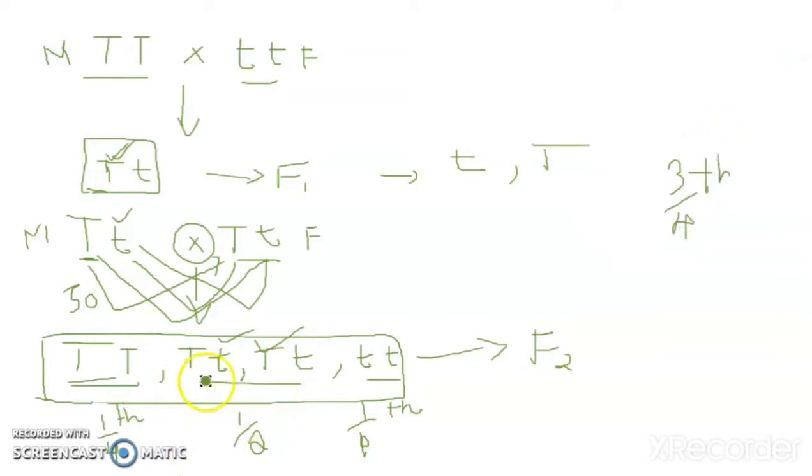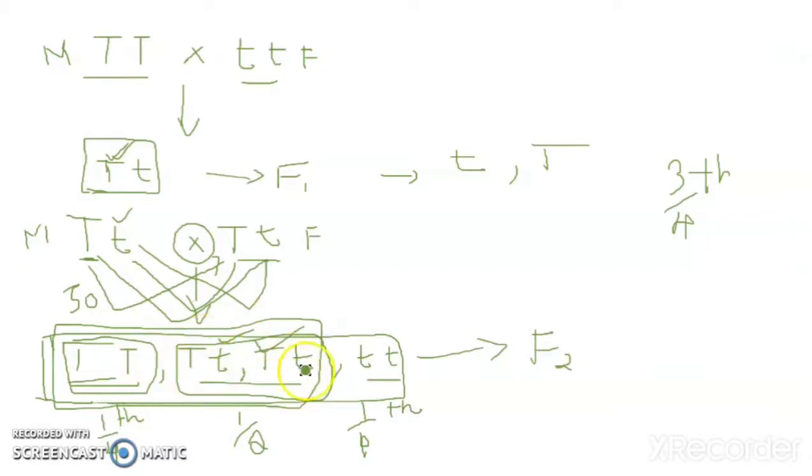It is because the genotype capital T small t codes for tallness. So phenotypically, as capital T small t produces the tall character, at the F2 generation 3/4 of them will be tall, and only 1/4 of them will be dwarf. So 3/4 of the plants are tall, where some are capital T capital T and some are capital T small t.